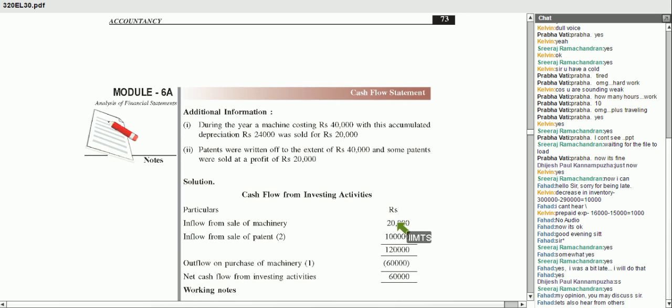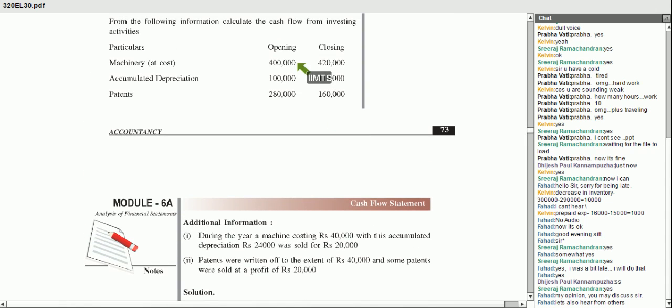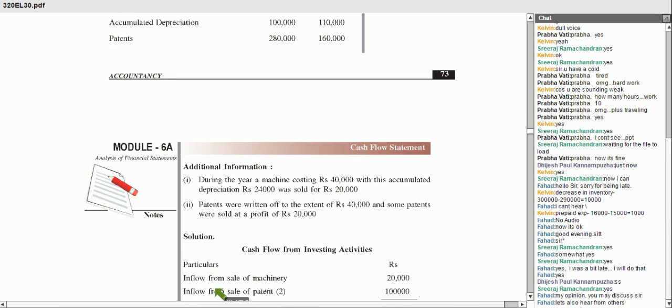Why 20,000? Because at the beginning of the year the price of the machinery was 4 lakh, but by the end of the year it increases to 4,20,000. So we are having a profit of 20,000. That is why they have written over here inflow from the sale of machinery.